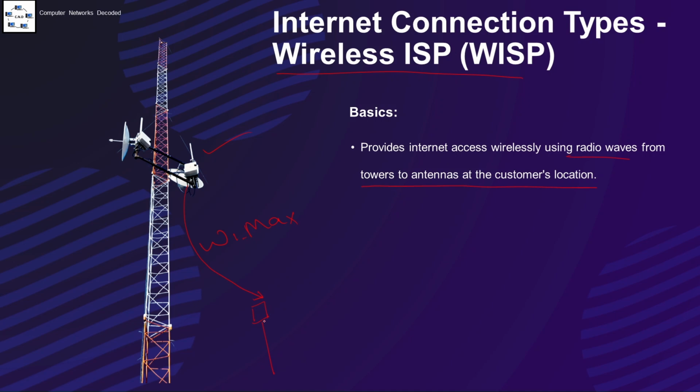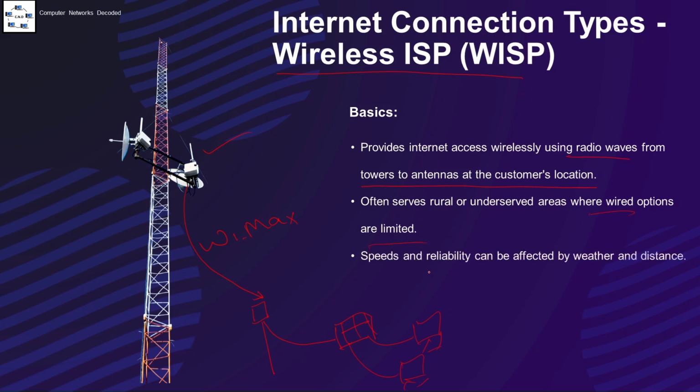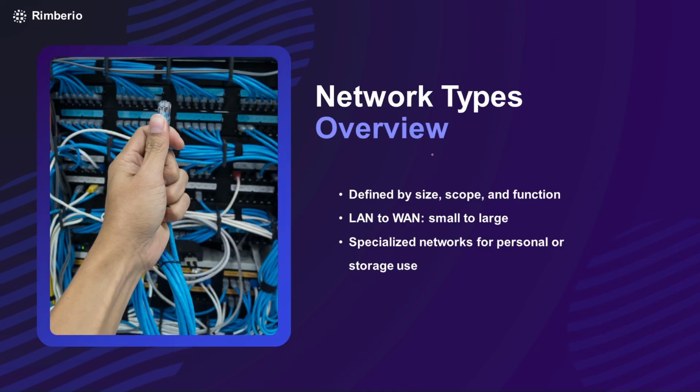This customer antenna then delivers internet to, let's suppose this is a switch, other client devices, which can then use the internet through this wireless connection. It often serves rural or underserved areas where wired options are limited, and speed and reliability can be affected by weather and distance.